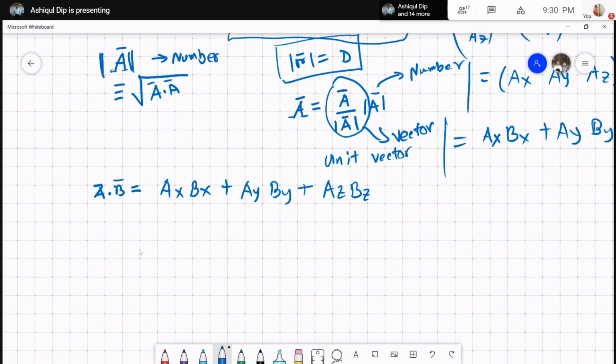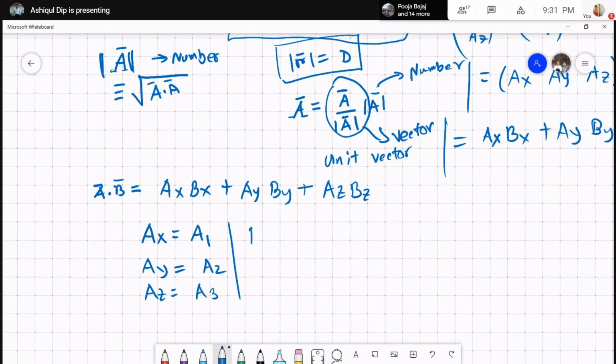Okay, I'm asking. So in component form in Cartesian coordinates, the dot product has this specific form, but it's not easy to handle mathematically. So we use a different notation. Instead of writing AX, we will write A1, AY equals A2, and AZ equals A3.